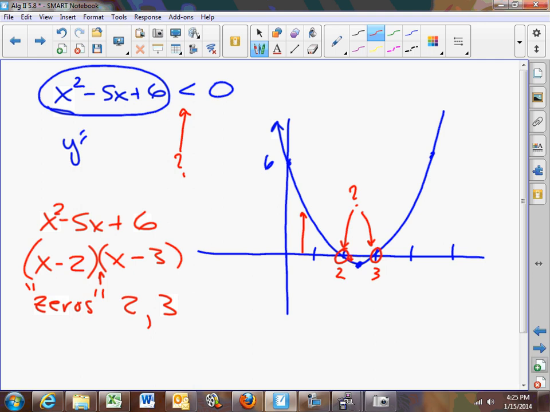Well, we want the part where it's below. So we would take the values in between, and the solution to this quadratic inequality would be 2 is less than x is less than 3. Now notice a very different result from the quadratic inequality where we had two variables, x and y.